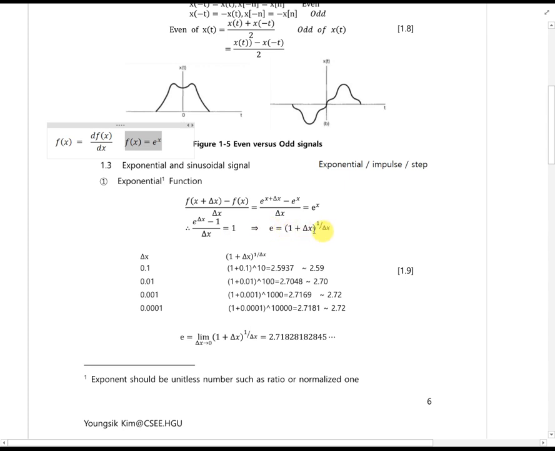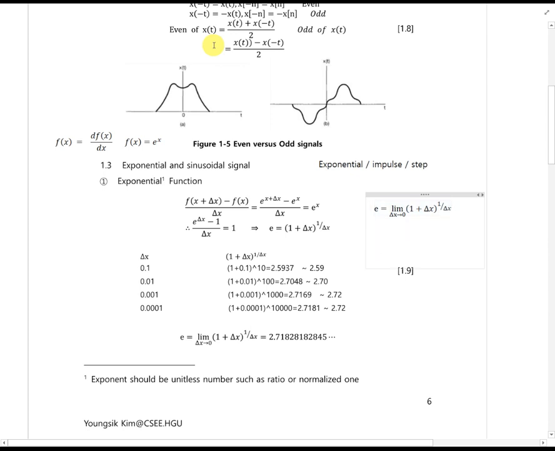Here delta x goes to 0, so it means that e is the number satisfying this: the limit as delta x goes to 0 of the equation given like that, 1 divided by delta x. Okay, this is the equation. We would like to find e.